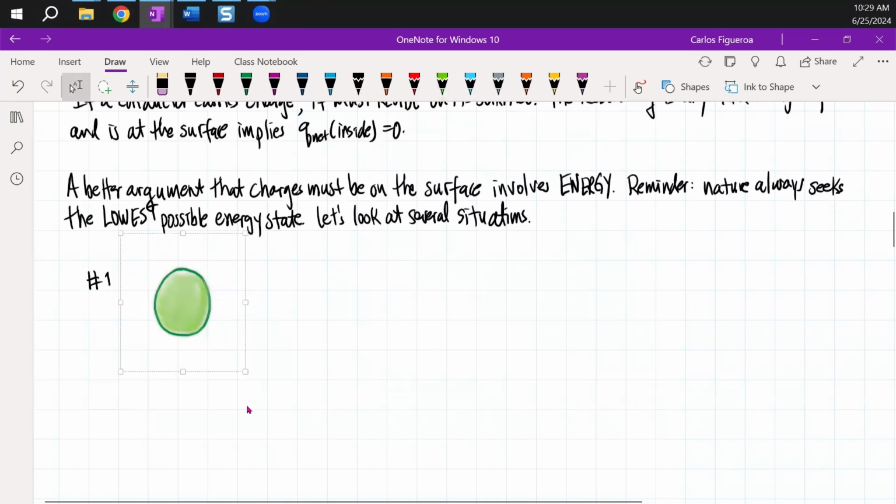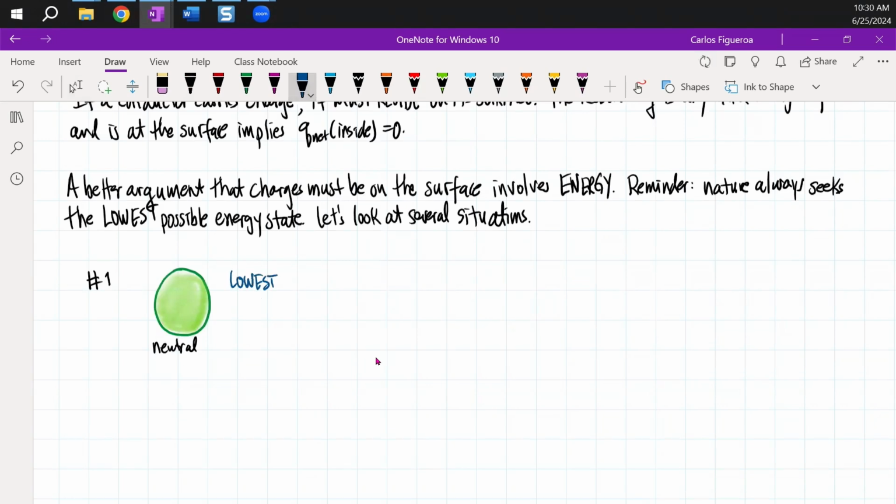So what do I mean by a neutral sphere? What I mean by a neutral sphere is that I have equal amounts of neutrons and protons. So this represents the lowest possible energy state.